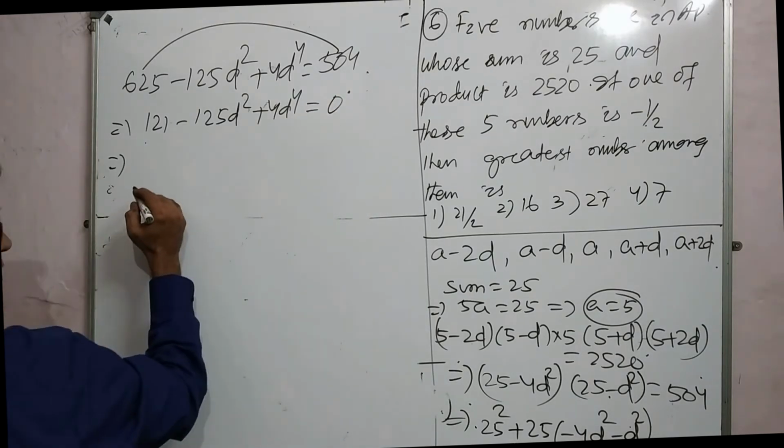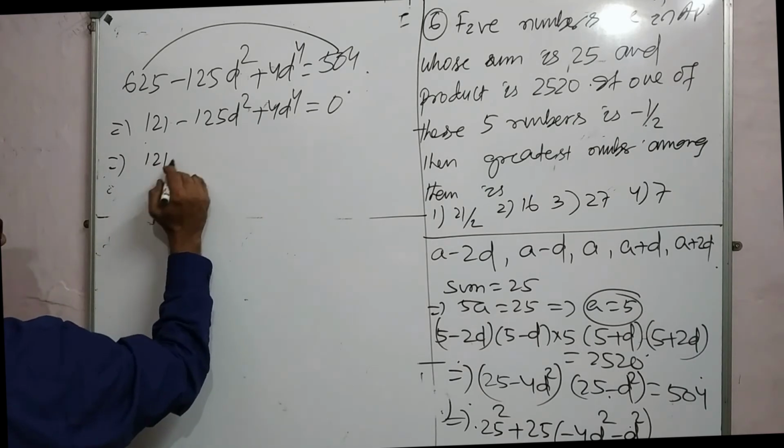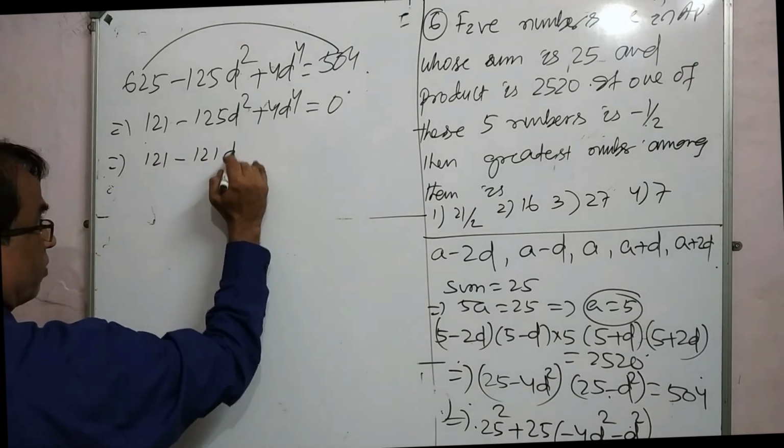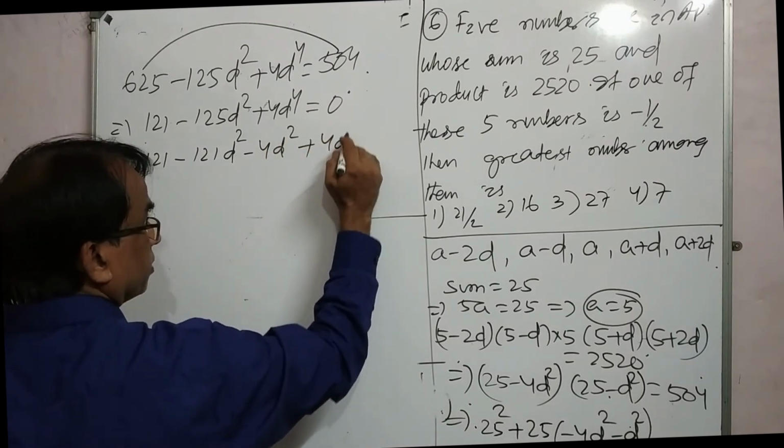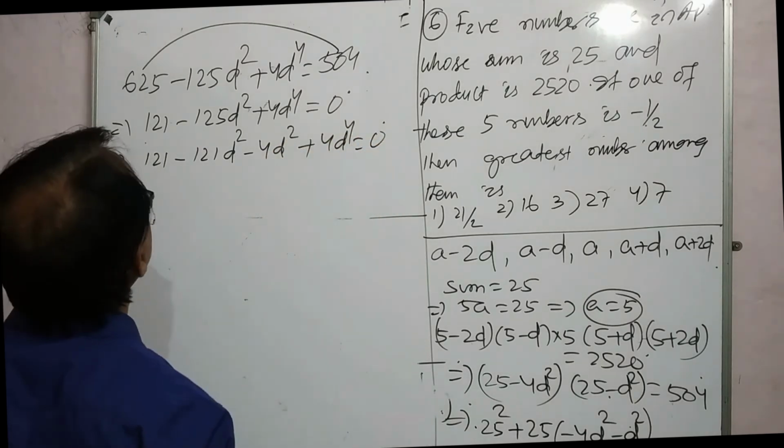Now 121 minus 121 d square minus 4d square plus 4d to the power 4 is 0.